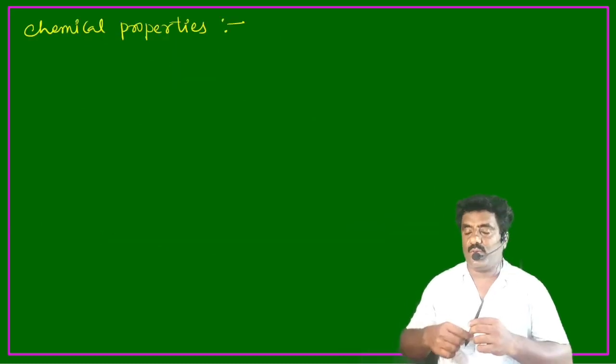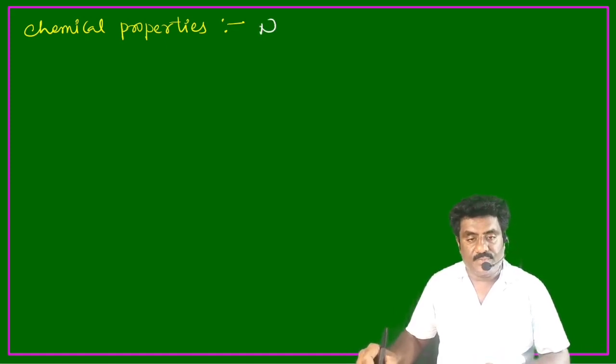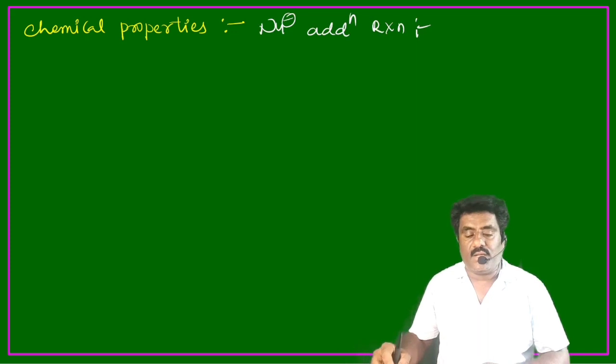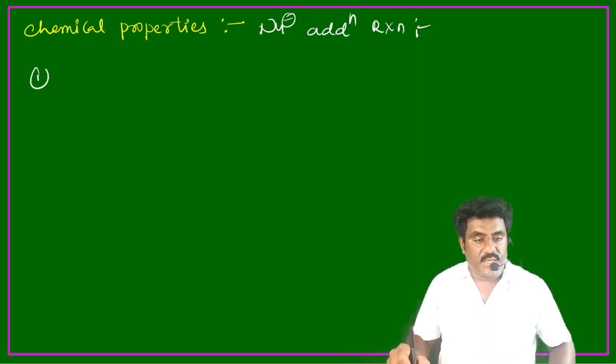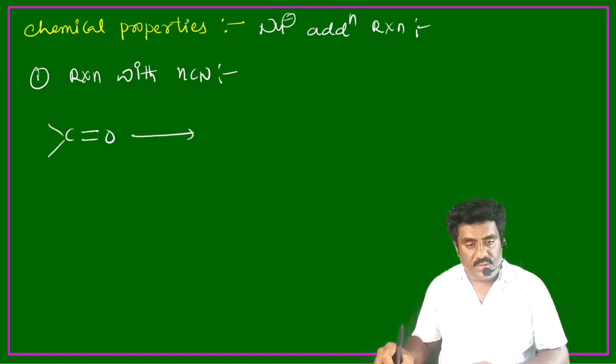See, have a look at the chemical properties. It undergoes nucleophilic addition reactions. In the first reaction, with hydrogen cyanide, HCN, I am writing C double bond O in the presence of HCN.